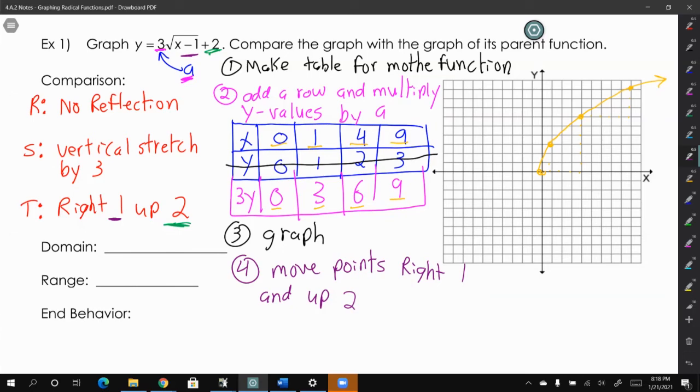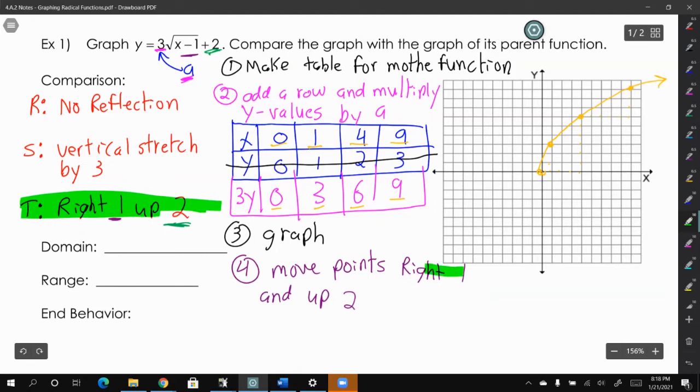And we're getting those numbers from our translation over here. Right 1, up 2.